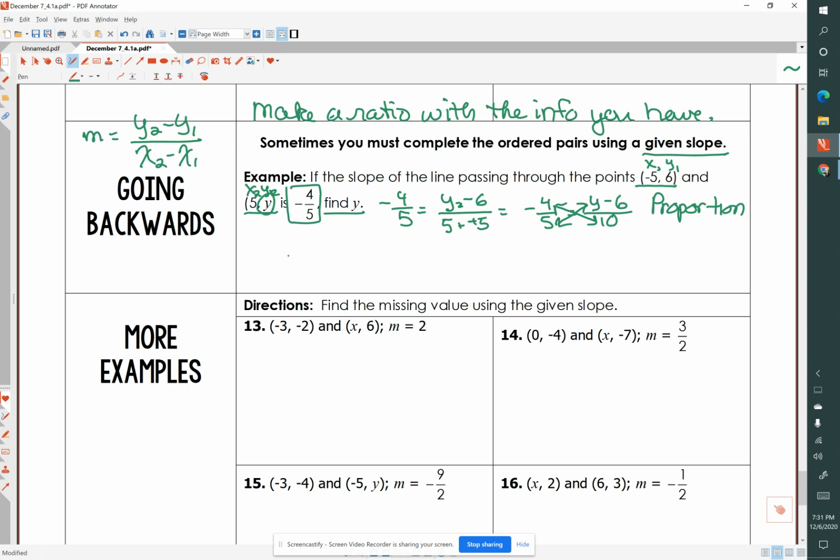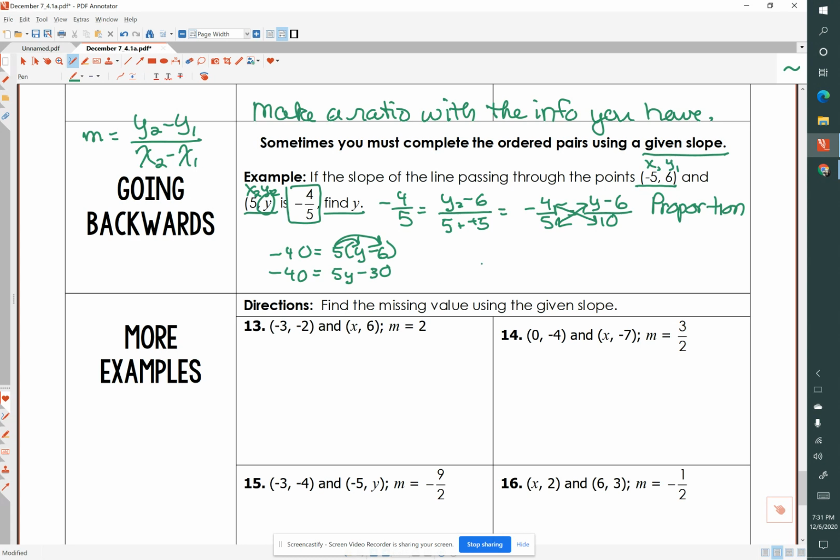So negative 4 times 10 is negative 40 equals 5 times the quantity of y minus 6. We'll distribute. So negative 40 equals 5y minus 30.